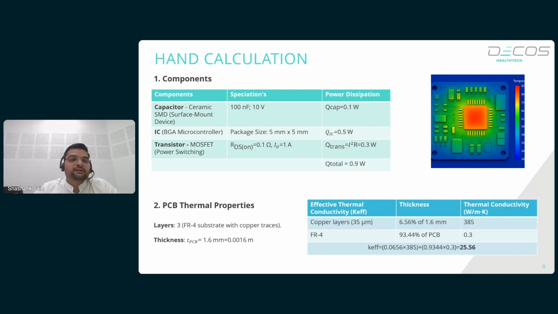The IC is a BGA microcontroller with a package size of 5 mm by 5 mm, and the power dissipation is directly taken from the datasheet again, which is 0.5 watts. And the transistor is a power switching transistor, and the power dissipation value is calculated using the I squared R formula, where I is the discharge current and R is the resistance. So it gives you a value of 0.3 watts. So the total power dissipation is 0.9 watts.